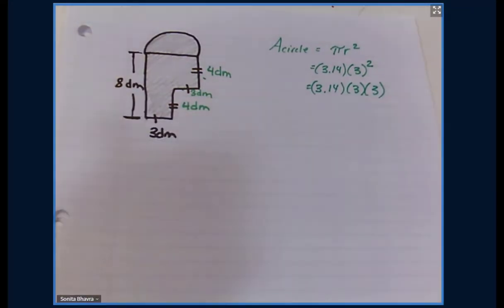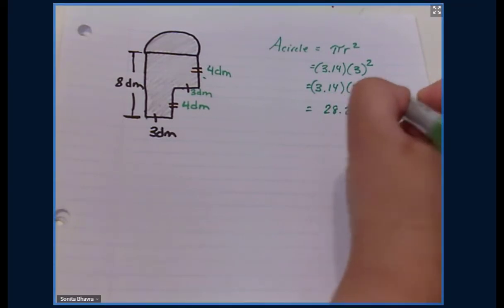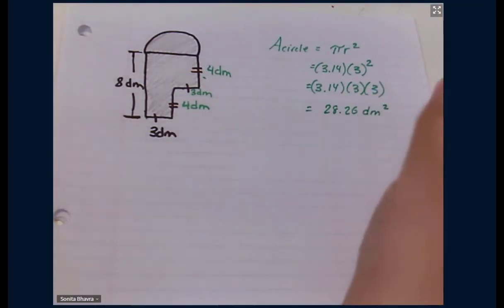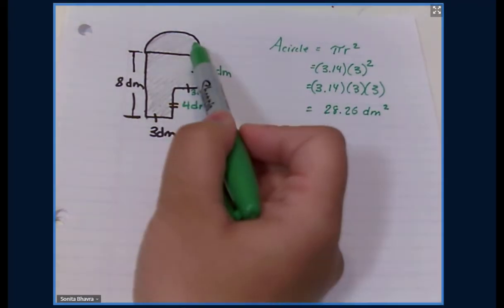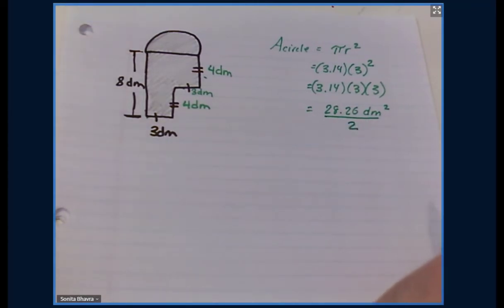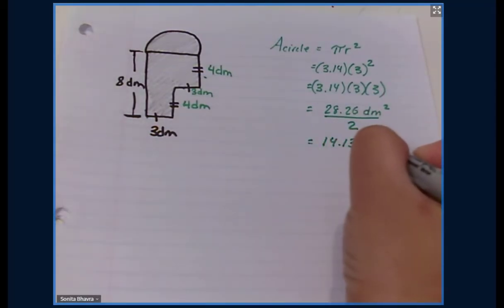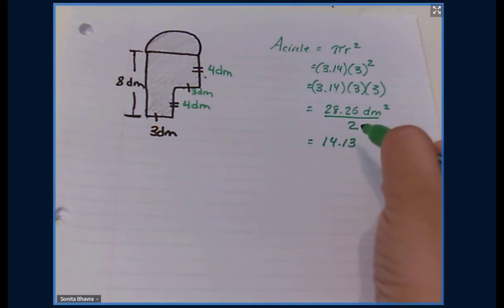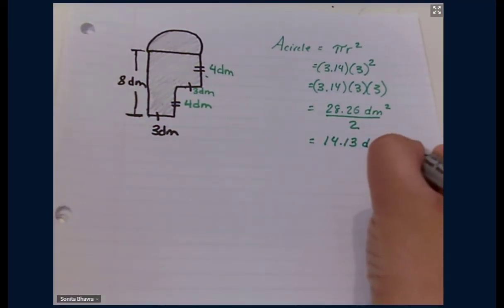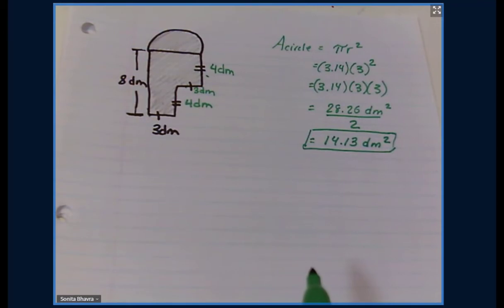So that gives me 28.26. Now, that is for a full circle. We only have half a circle, so you have to divide it by 2. All right, don't forget that step because it's half a circle. Divide that answer by 2, and that gives me the area of the circle as 14.13 decimeters squared.